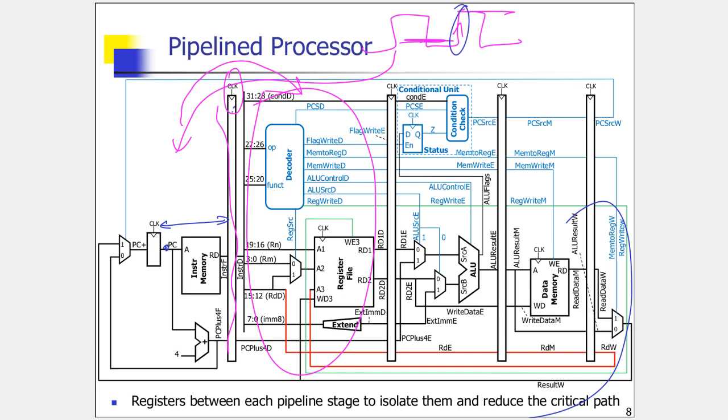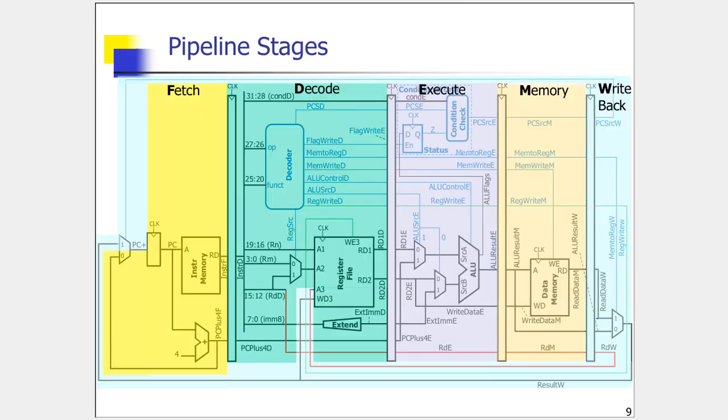So now you need to introduce 4 registers like this to separate the single stage into 5 different stages. Like you require 4 cuts to cut something into 5 pieces, right? Like a bread loaf. So same idea here. So this is your fetch stage, decode stage, execute stage, memory, and write back stage.